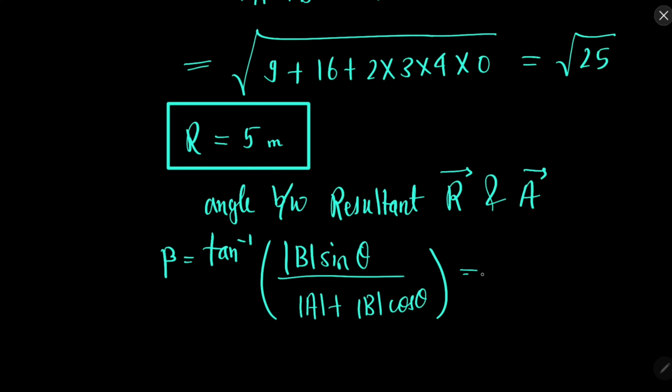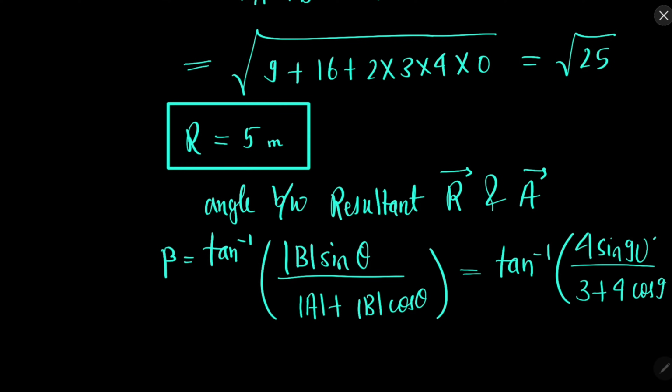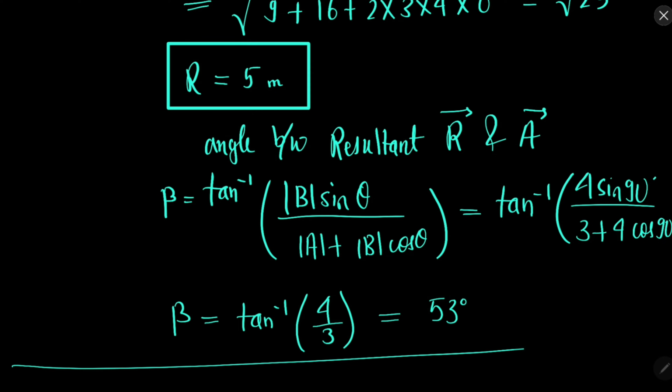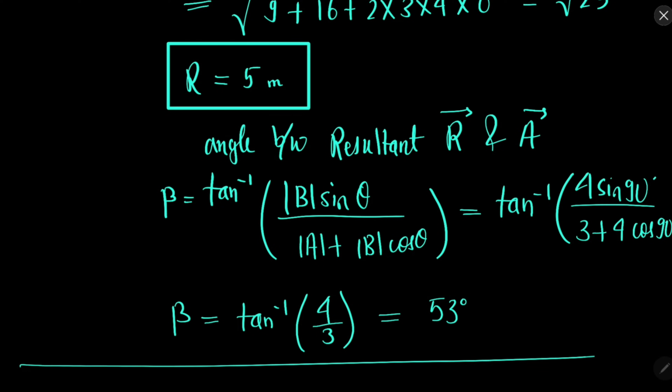This is the formula that we have. So tan inverse of 4 sin 90 upon 3 plus 4 cos 90. Once you solve this, you will get beta equal to tan inverse 4 by 3, which is 53 degrees. You will usually need a calculator for solving this. After solving this, you will get 53 degrees.